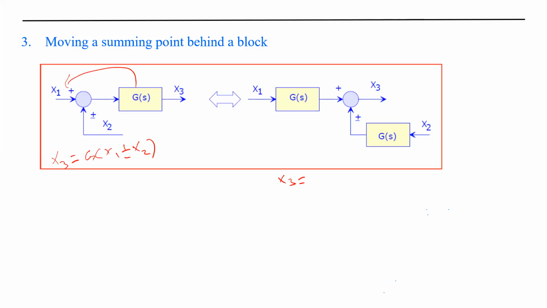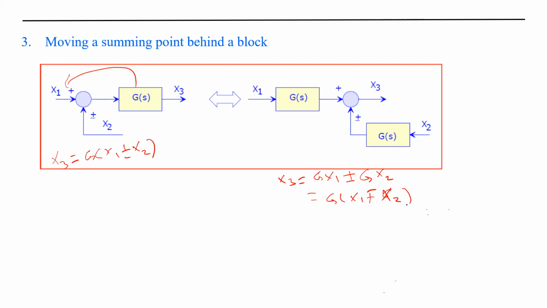Multiplied by 1, so x3 equal to what? x1 G(s), x1 plus, it's coming here, or minus G x2. Yes, which is equal to G x1 plus or minus x2.